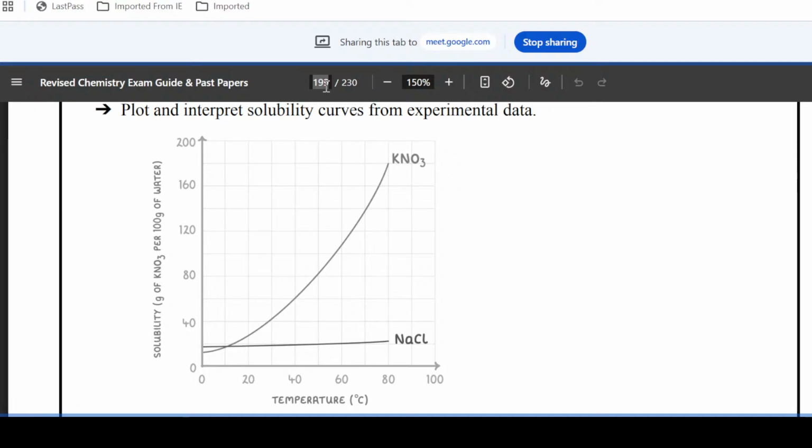And then they want to know, which is pretty common for them to ask on a solubility question: using your answer in C2, which would be the 120, calculate the mass of potassium nitrate that will be precipitated out from the solution if the solution is then cooled down to 35 degrees Celsius.